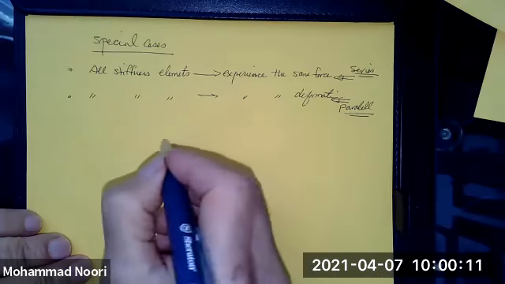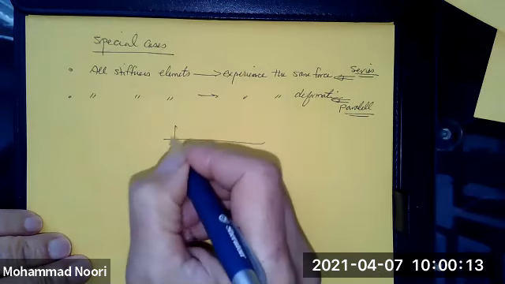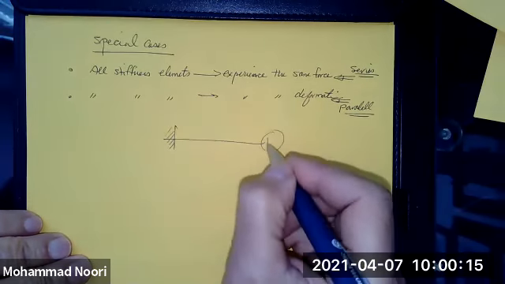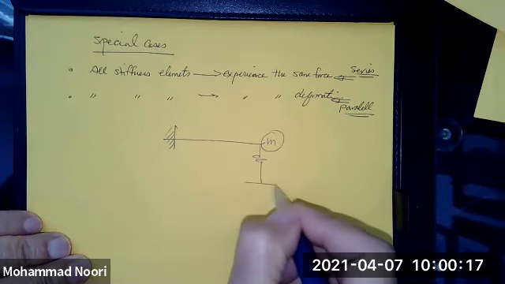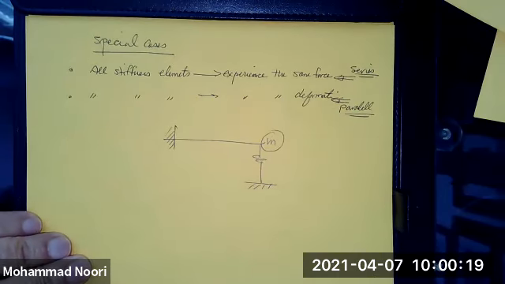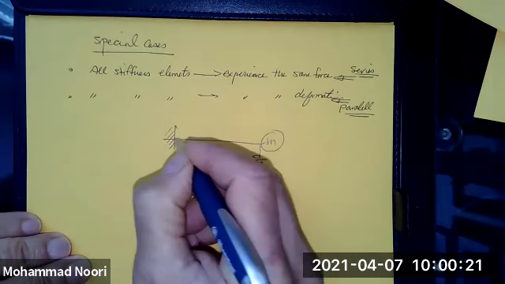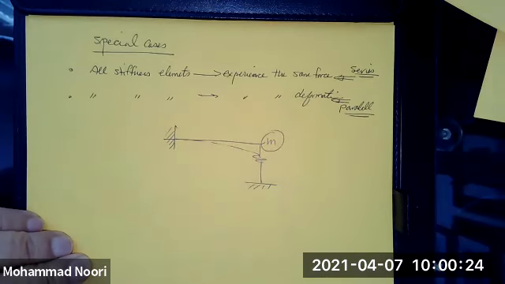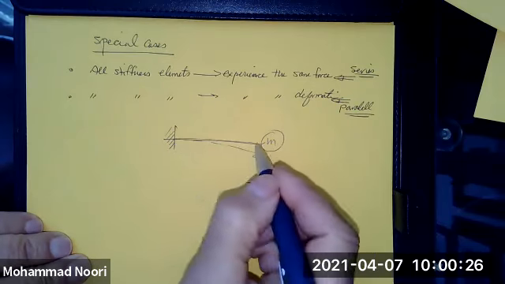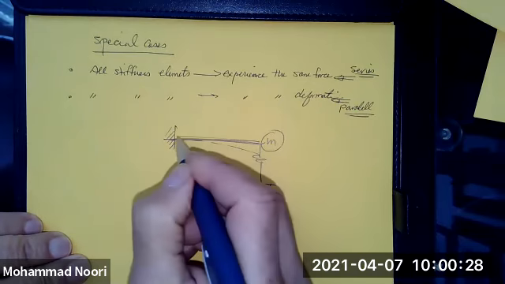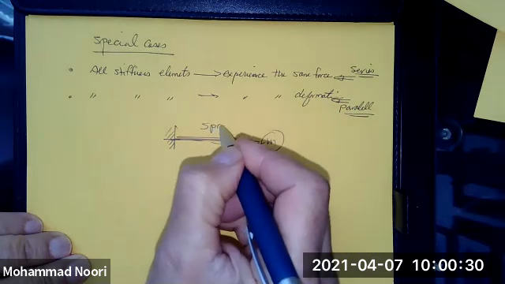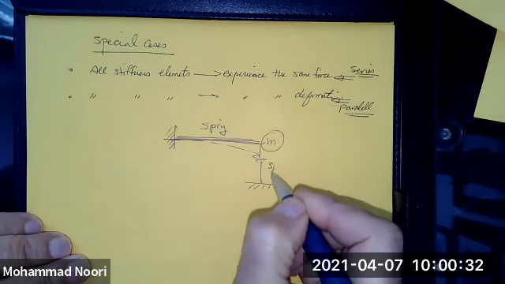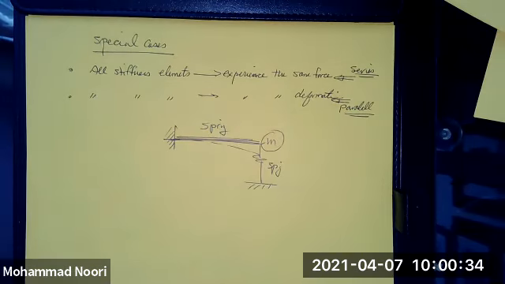Let me give you an example. This is a beam, a stiff one, that has a lump mass, and another spring is attached to the tip, and this beam is oscillating like this. Obviously, this beam represents a spring, right? This is one spring, this is another spring, right?